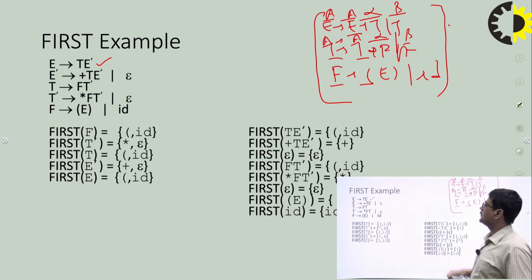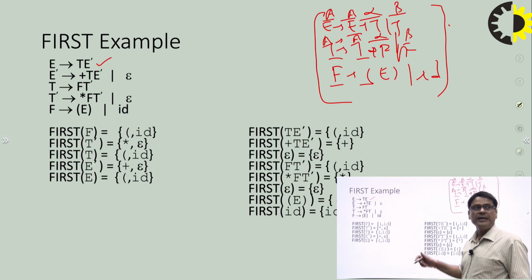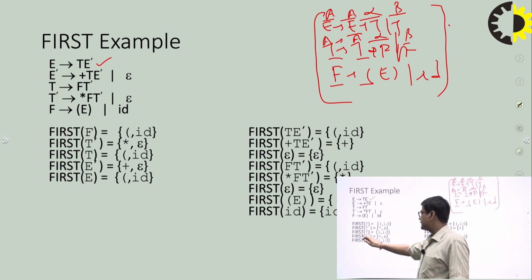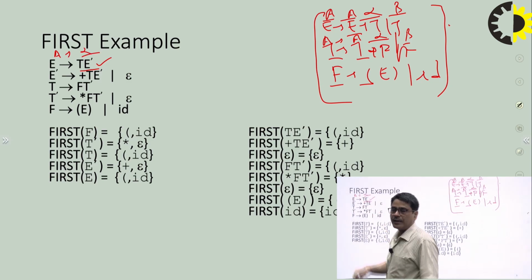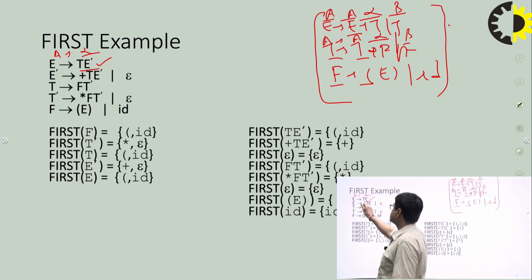Now if you are going to first find the first of each non-terminal, here you will write the first of F, first of T, first of T dash, E dash, E. Then E produces T E dash, that is basically A produces alpha. So the first of alpha is the first of A. So if E produces T E dash, capital T is the first non-terminal, then we have to go for T produces F T dash.